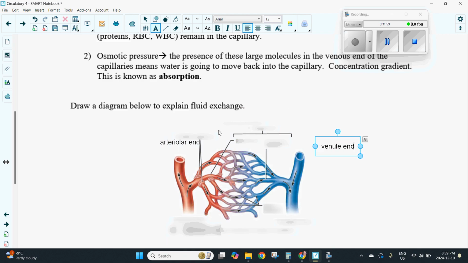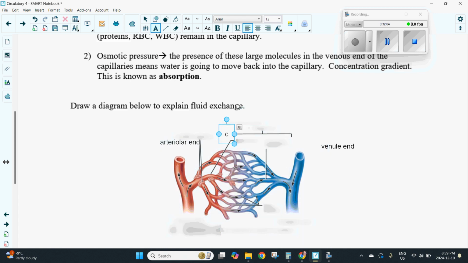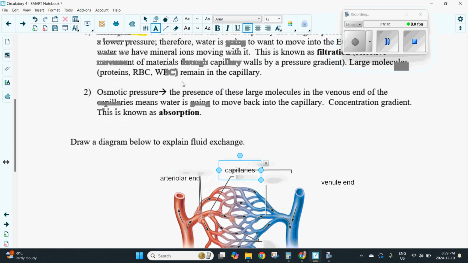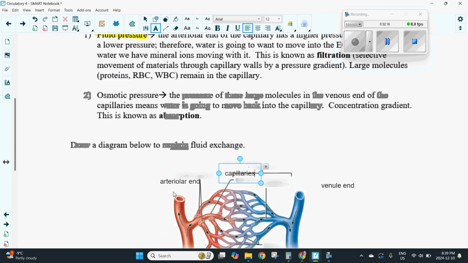And the middle here is your capillaries.